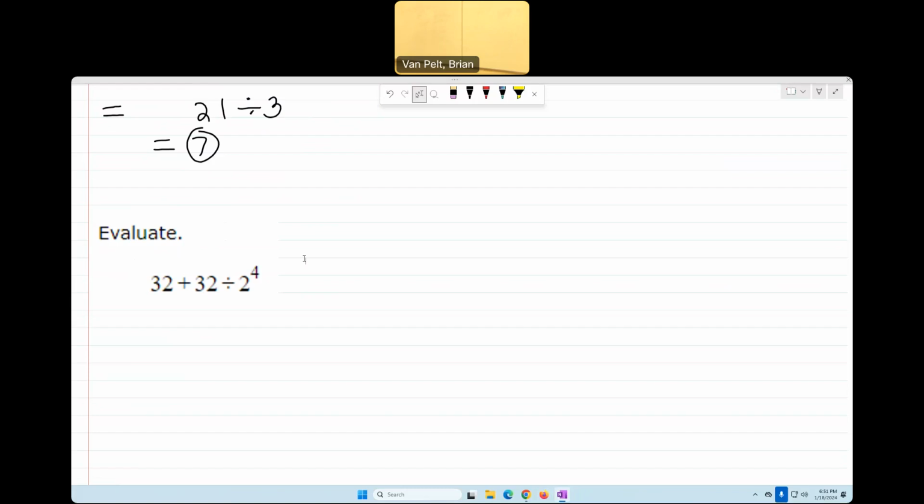What's our highest order right off the bat? The exponent.